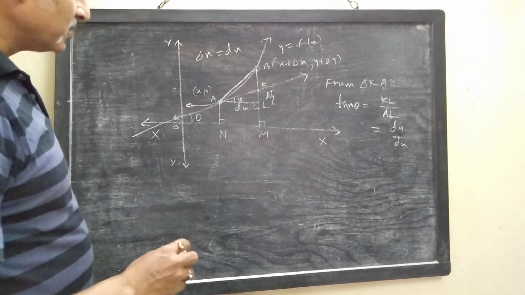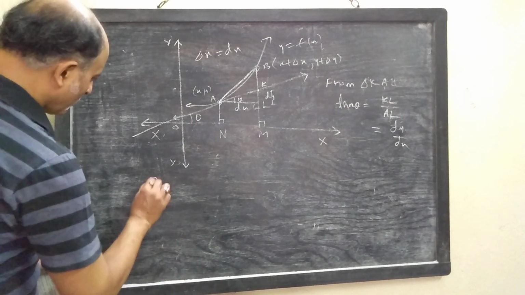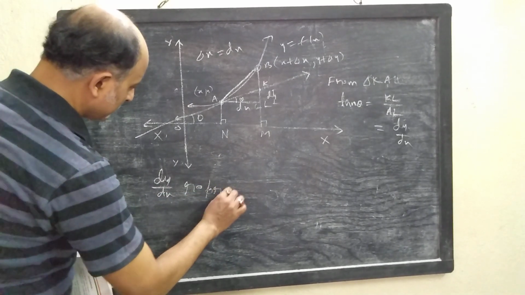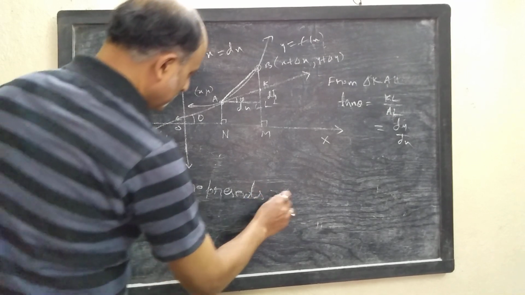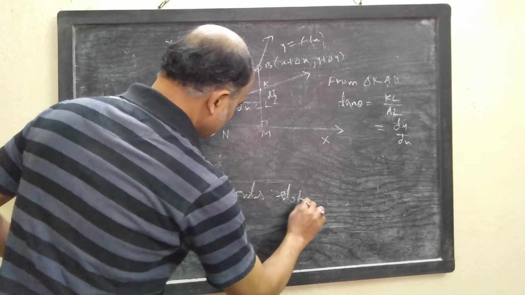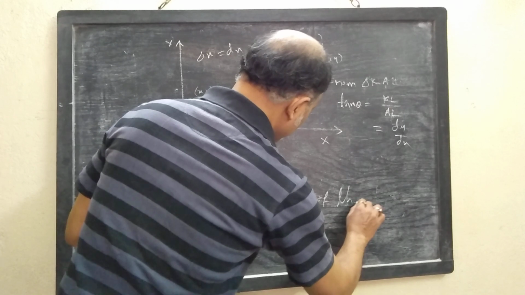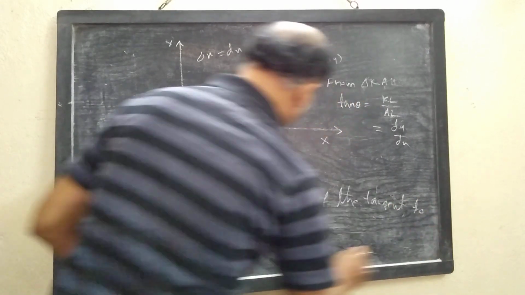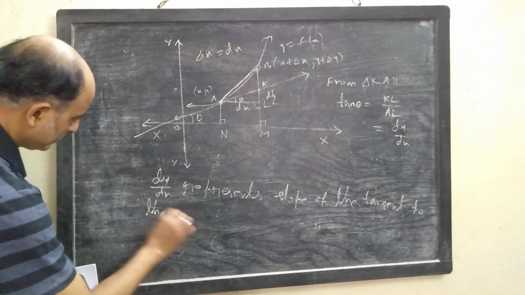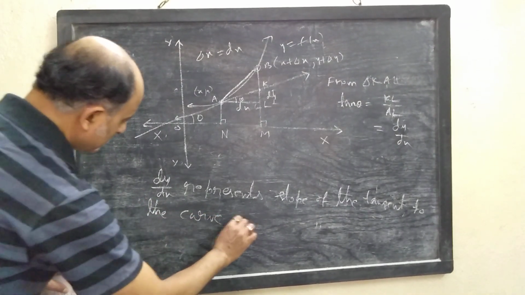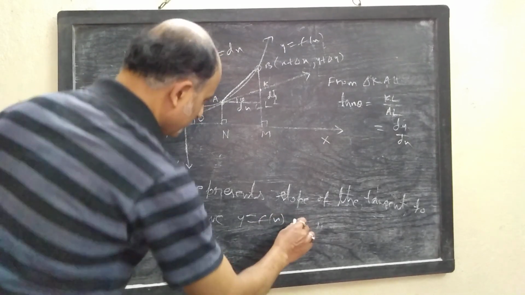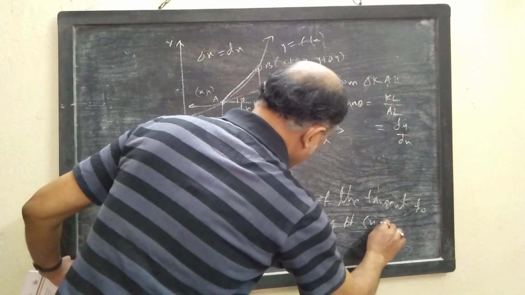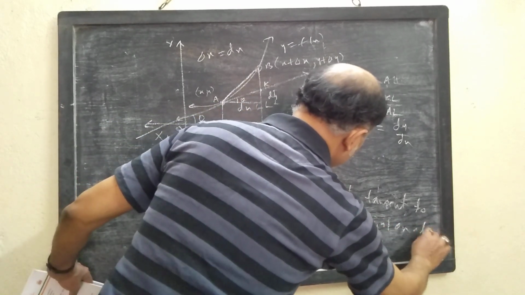So write down the conclusion that dy/dx represents the slope of the tangent to the curve y equals f(x) at any point (x, y) on it.